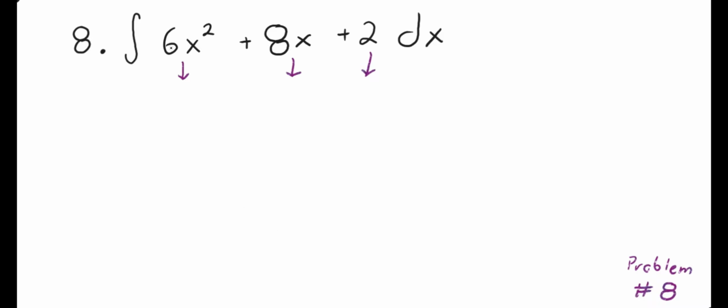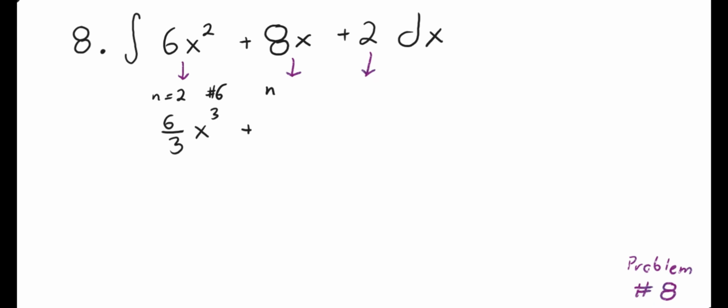So we get 6x to the power of 2. We know that our n is 2 and the number that we step to the side is 6. So that means we're going to have 6 over 3, because we do the plus 1 from n, x to the power of 3.